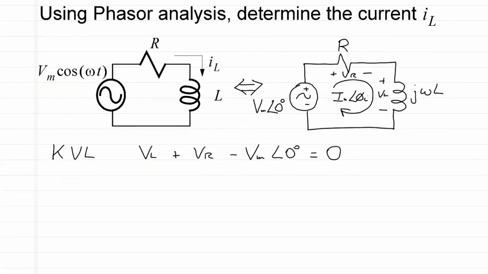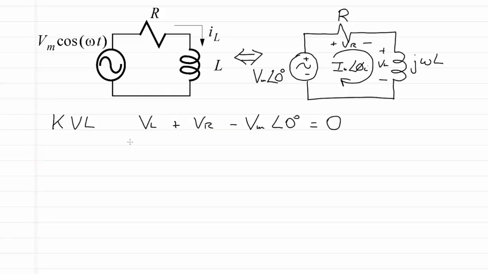We can replace the voltages by the impedance multiplied by our unknown current, or we can write that the impedance across the inductor times the current through it, I at angle I, plus the impedance of the resistor, ZR, times I at angle I, must be equal to the applied voltage source at angle 0.